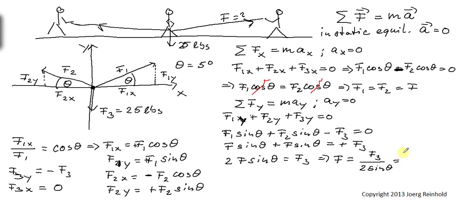So it is 25 pounds divided by 2 times the sine of 5 degrees, and what this turns out to be is 144 pounds.